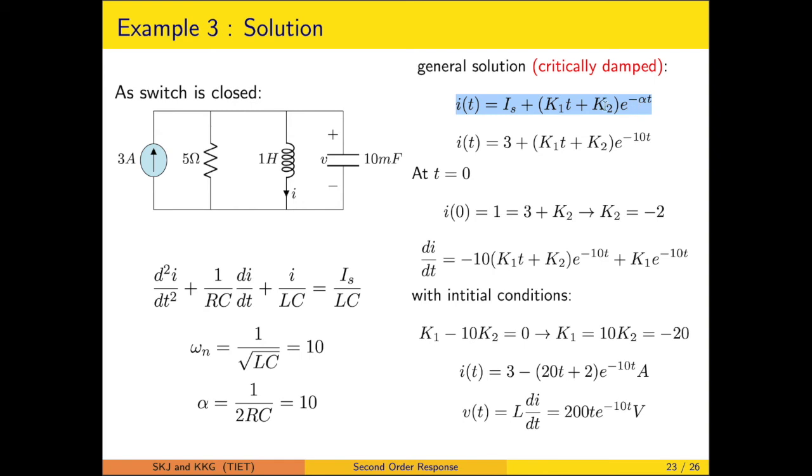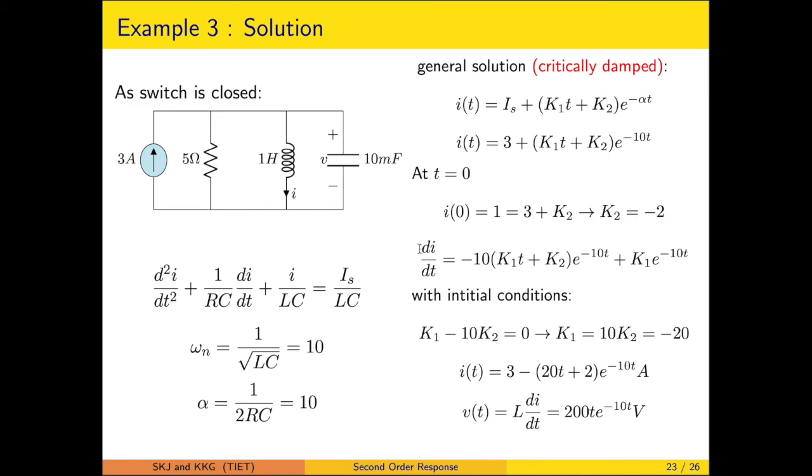Here we have to calculate K1 and K2 carefully with the help of the initial conditions. I of infinity is 3 ampere, so at t equal to 0 we simply make use of the initial current calculated as 1 ampere, equal to 3 plus K2, giving the value of K2 equal to minus 2.